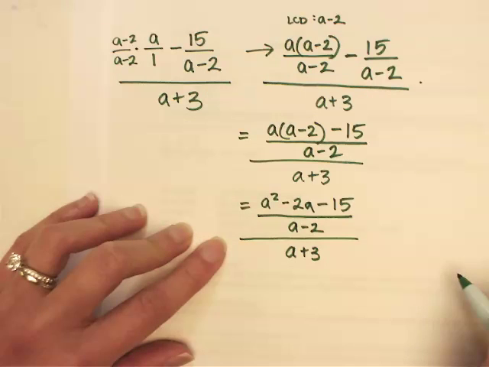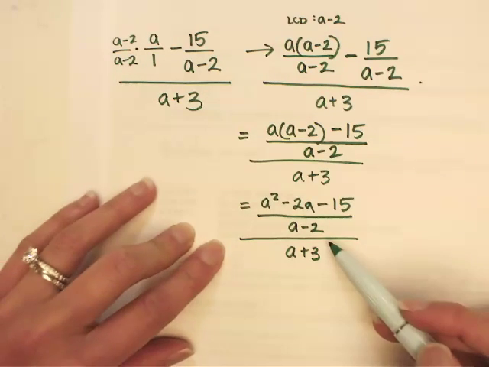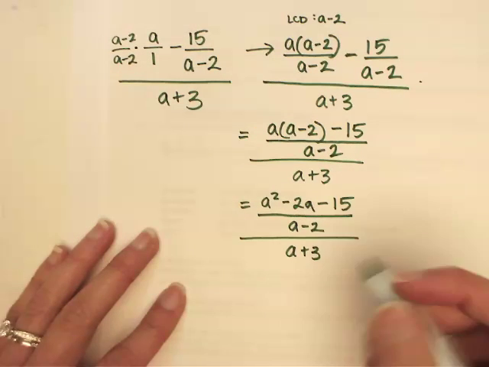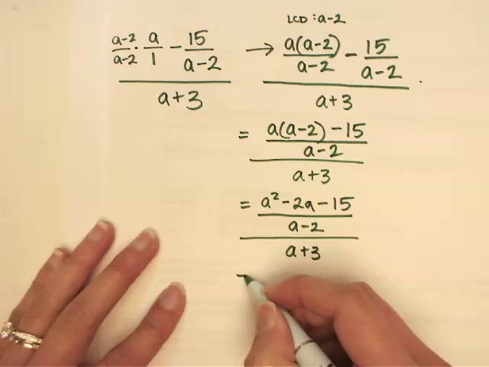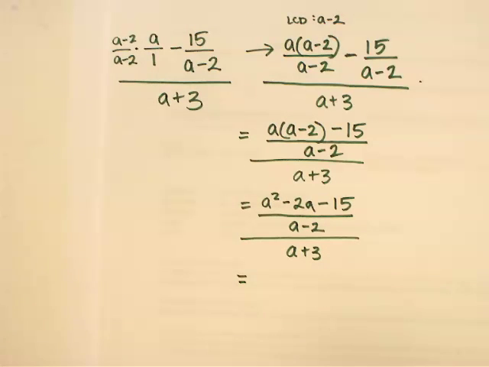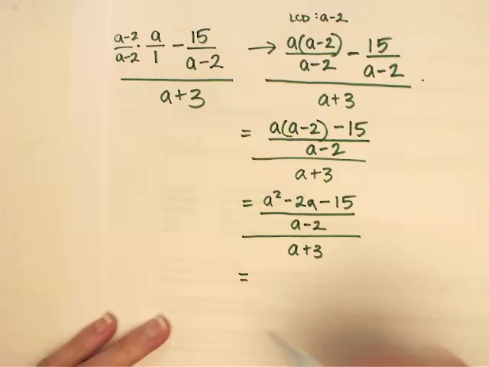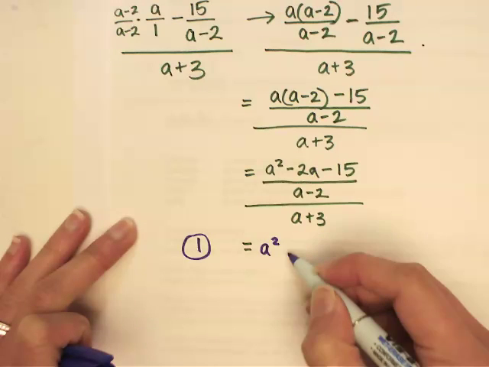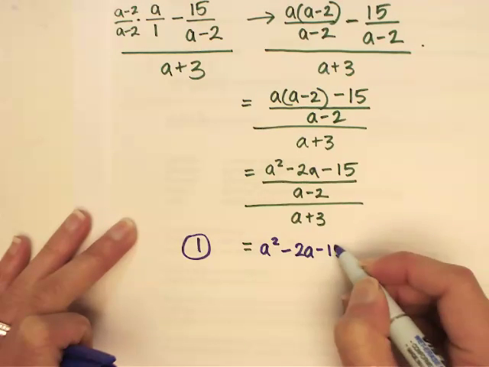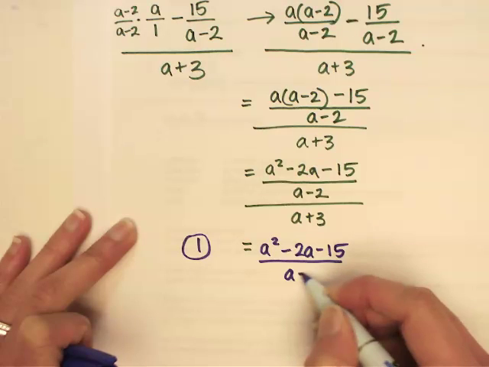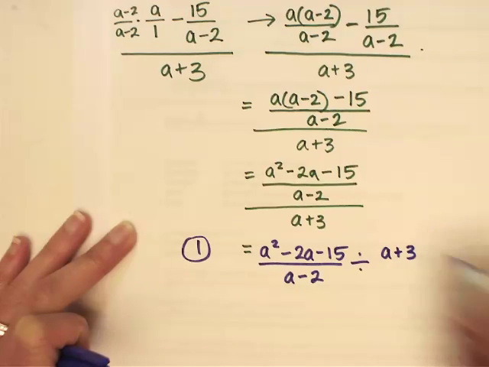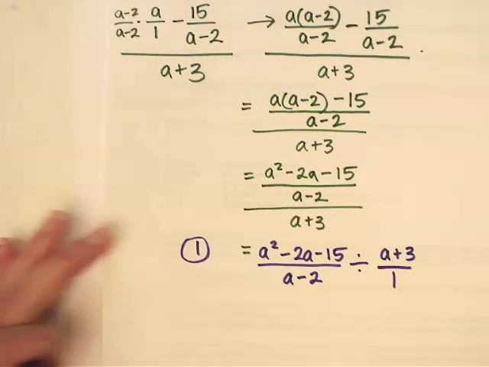Okay, so now once we're at this point here, we can go ahead and rewrite it as a division problem. So we're moving into step 1 again. Okay, so I'm going to write this here. So that's a squared minus 2a minus 15 over a minus 2 divided by a plus 3, and we can write that as a fraction over 1.